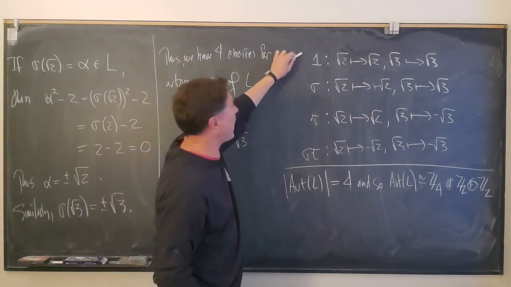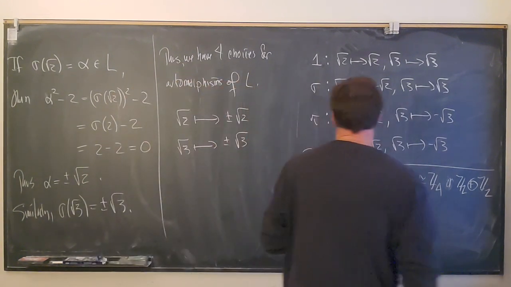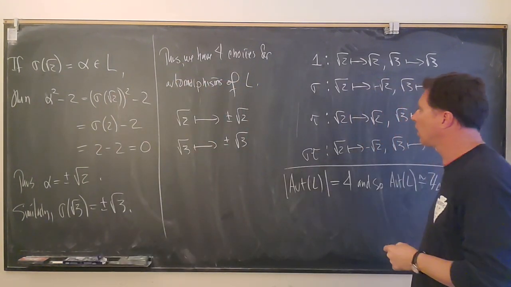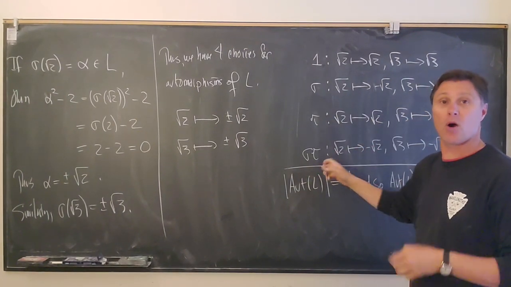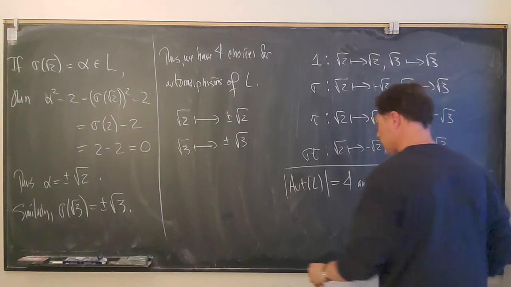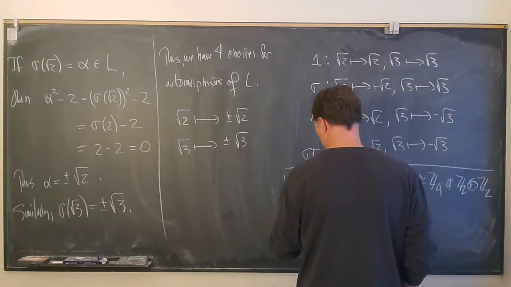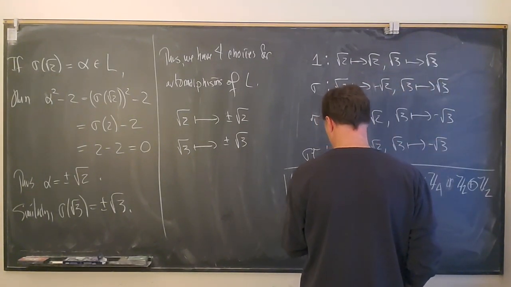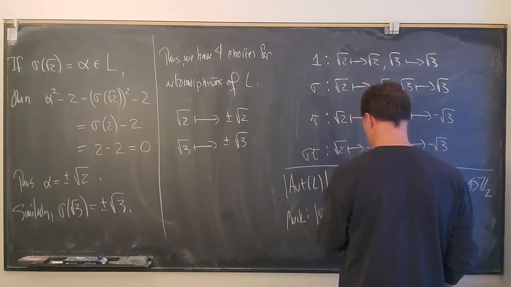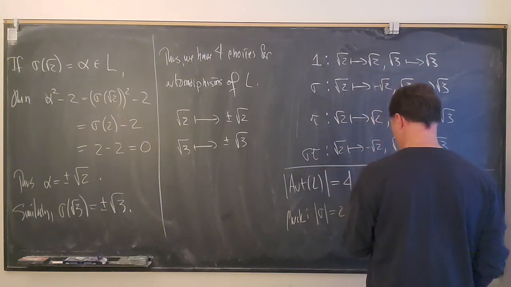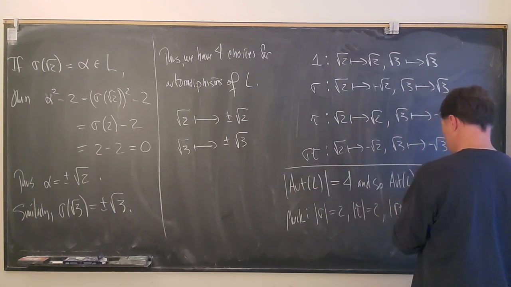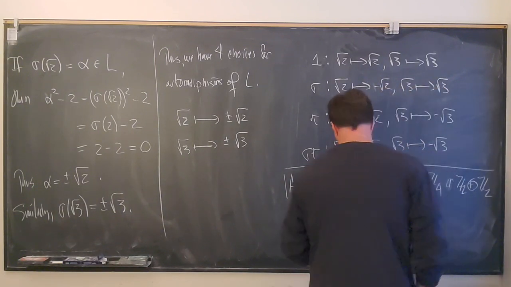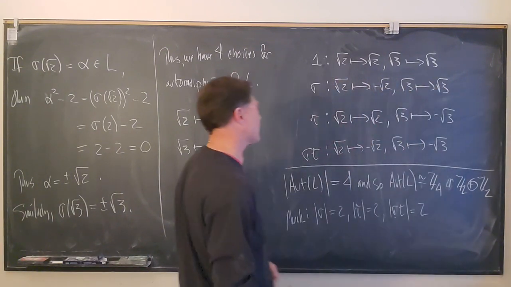Well, let's look at the behavior of these elements right here, and you can check that sigma, tau, and sigma tau all have order 2. So check that the order of sigma equals 2, the order of tau equals 2, the order of sigma tau equals 2. It's pretty obvious, right?